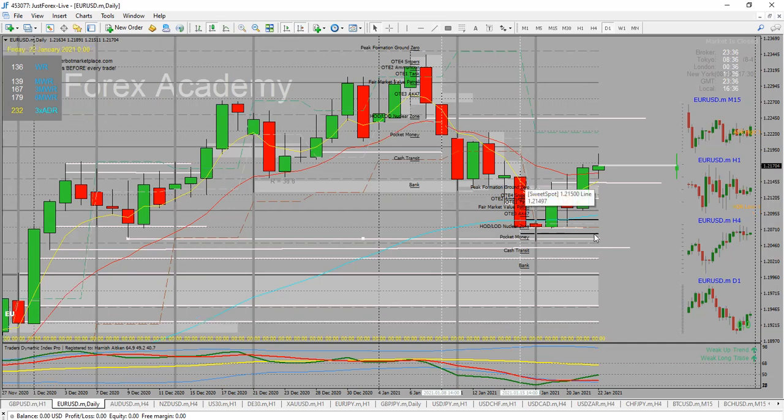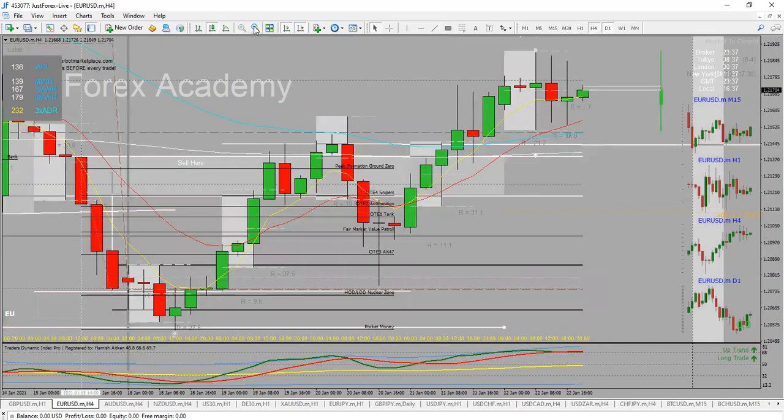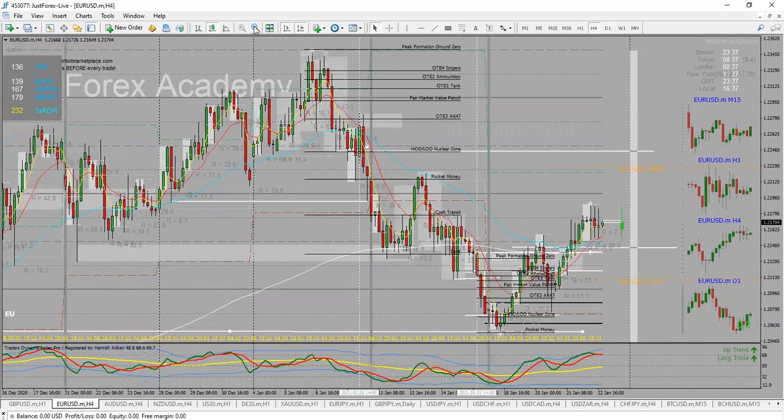So this week, since they have now created two equal highs and have to take them, here are the two equal highs. I'll be expecting the market to come to test the flip zone.